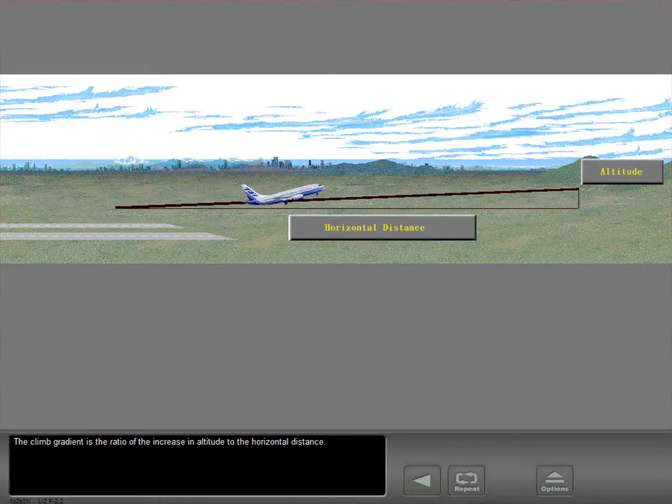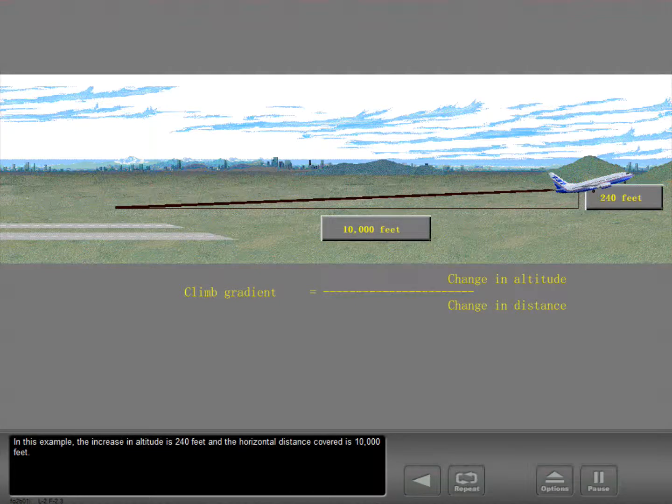To start, let's first define climb gradient. The climb gradient is the ratio of the increase in altitude to the horizontal distance. In this example, the increase in altitude is 240 feet and the horizontal distance covered is 10,000 feet.